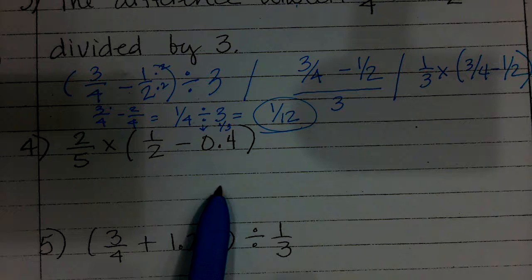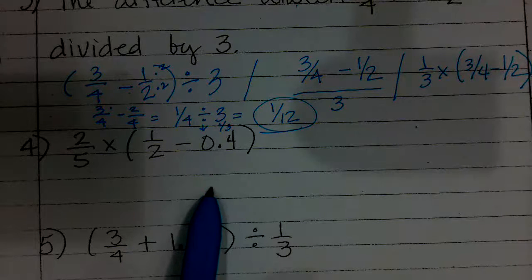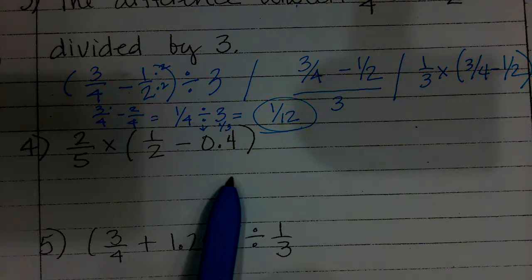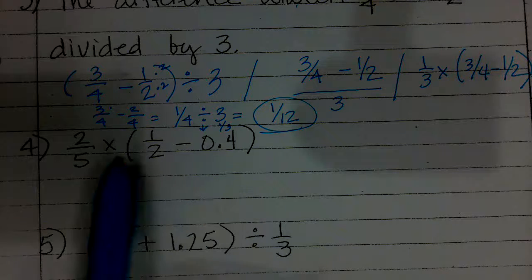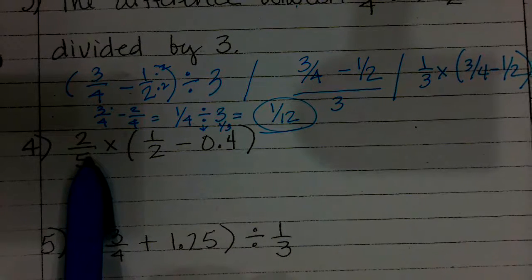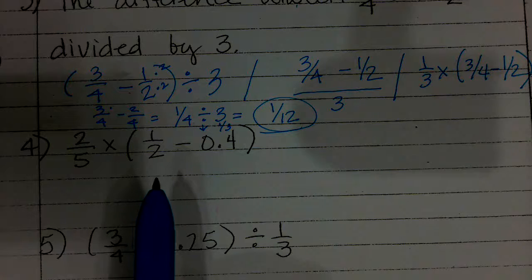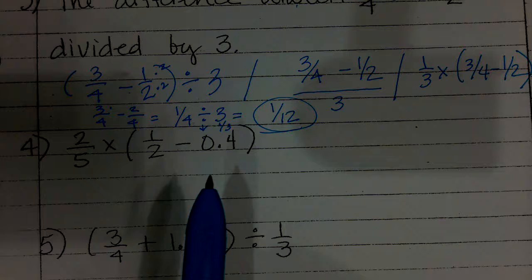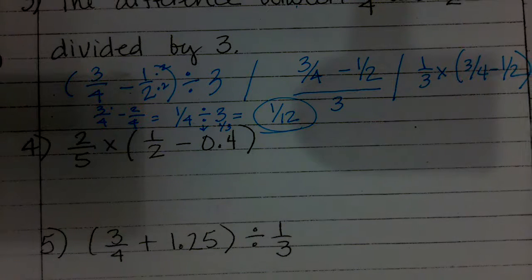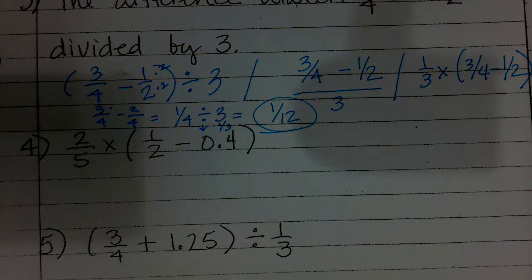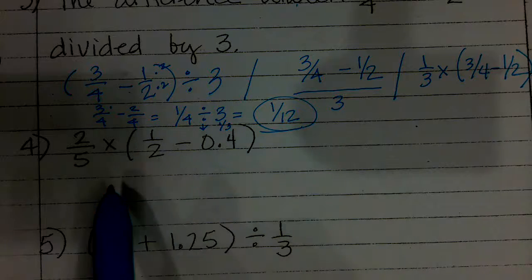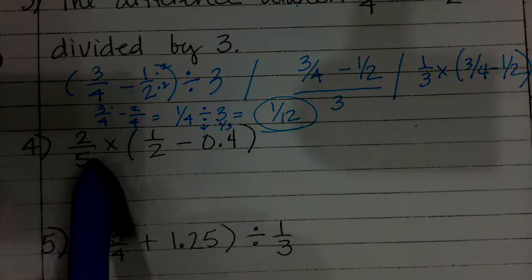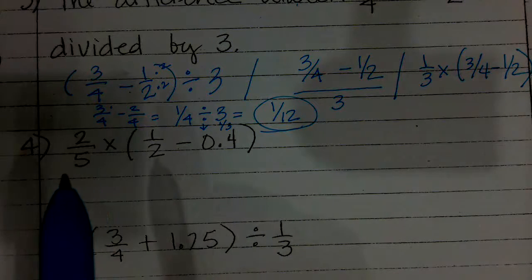Well, in the parentheses, there's a difference between 1/2 and 4/10, and then it's being multiplied by 2/5, right? So how could we write this in word form and make sure that we're showing the operations correctly? A word form expression for the operation outside the parentheses would be what? Times 2/5, right? Okay.